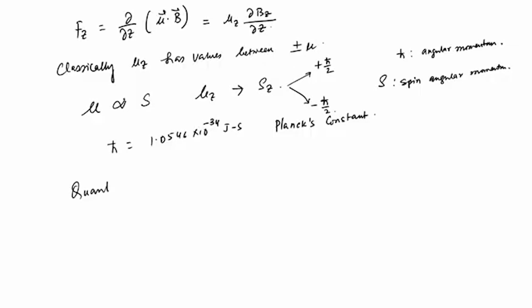So this quantization of spin, or spin angular momentum, is the main inference of the Stern-Gerlach experiment. Let me in short write SG experiment.